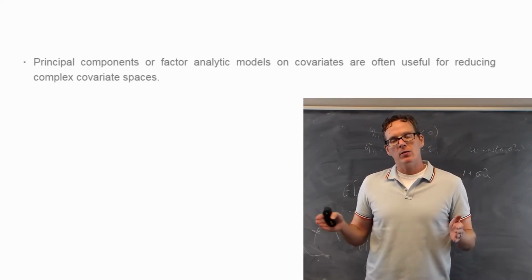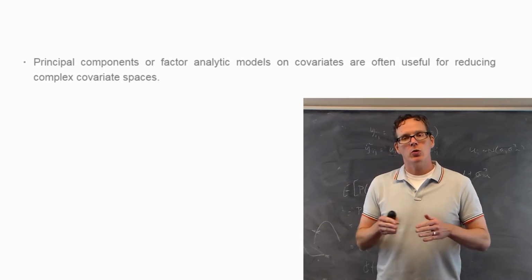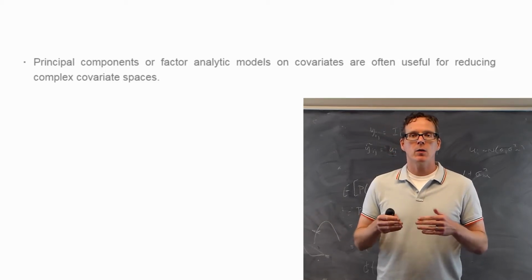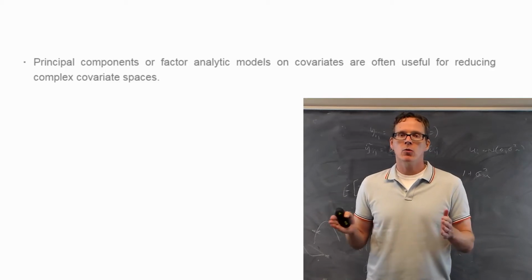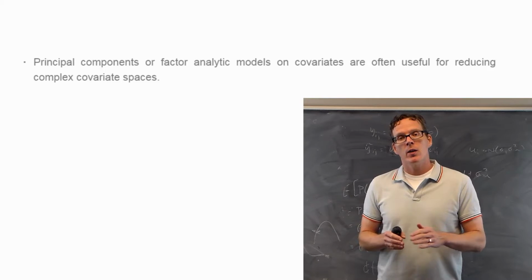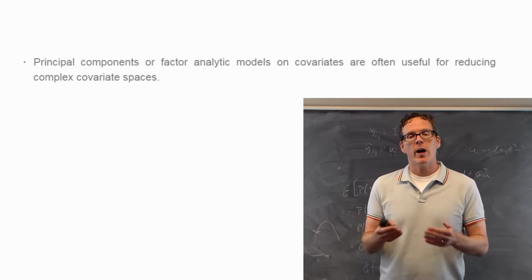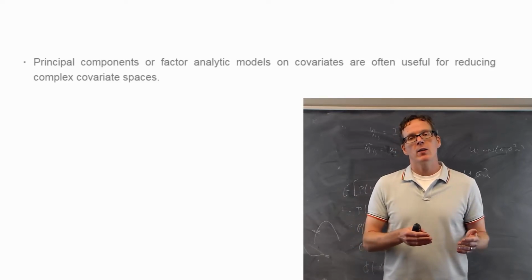If you have a lot of regressors and you're interested in how to reduce this space, then there are a lot of factor analytic techniques and things like principal components available to you to reduce your covariate space down to size. Now, however, those come with consequences. The principal components or factors that you obtain might be less interpretable than the original data that you're interested in.